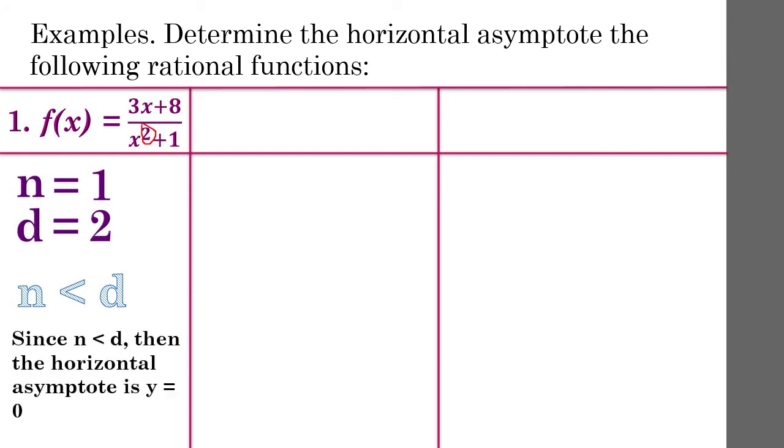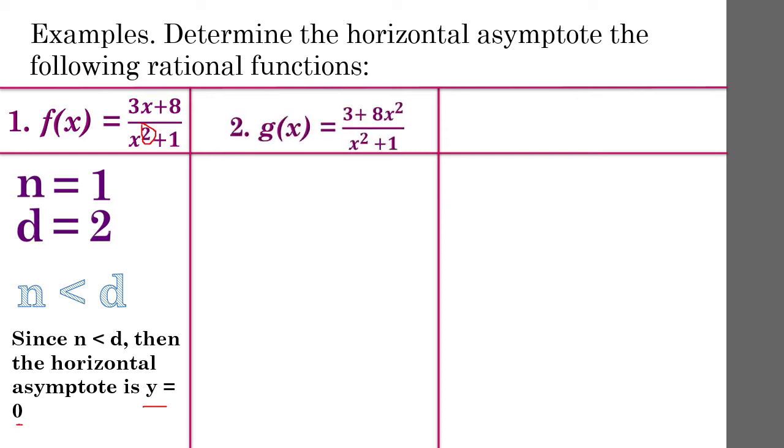So since n, or the degree of the numerator, is less than the degree of the denominator, then the horizontal asymptote is y equals 0. So y equals 0 is the horizontal asymptote.